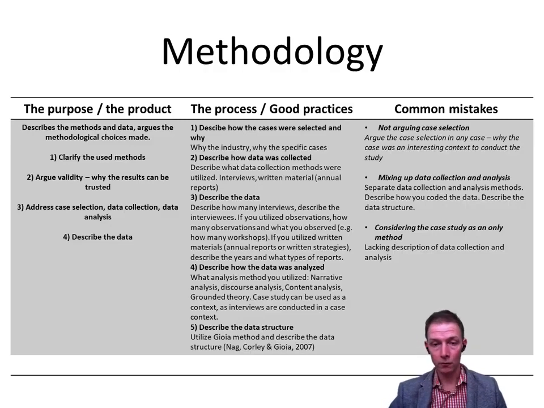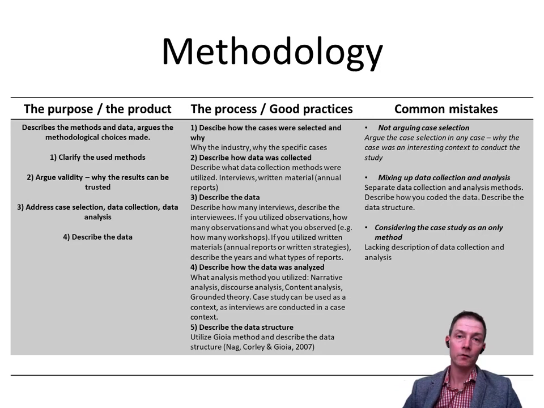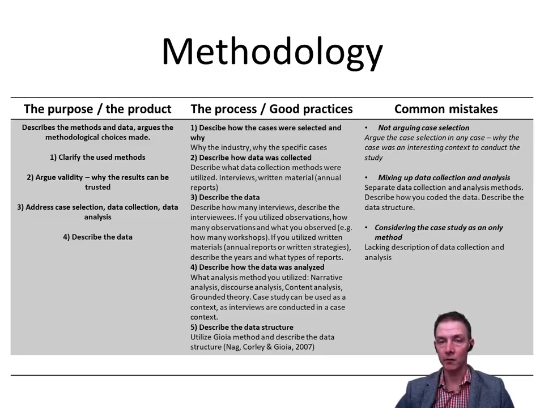So you use the so-called data structure method from Gioia. Corley and Gioia 2007 is an example paper often used in terms of data structure, but there are many other papers available. Gioia has been a huge proponent and developer of this data structure type of method.